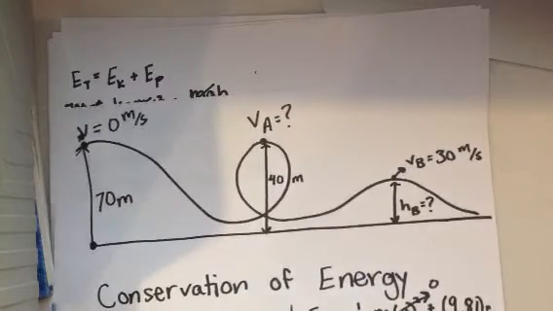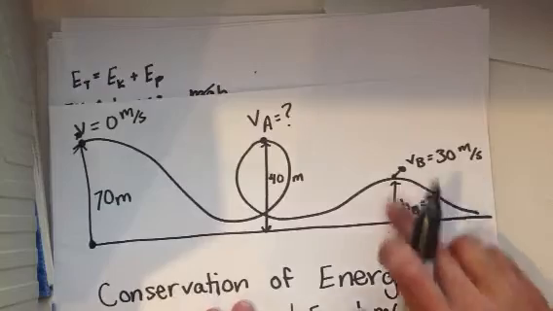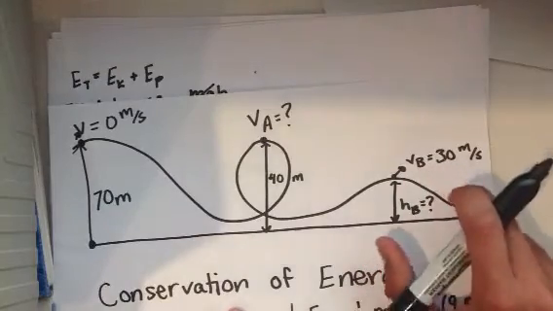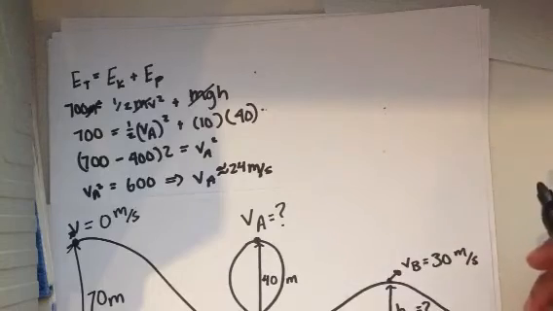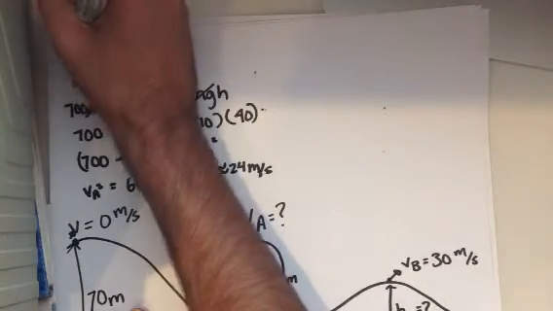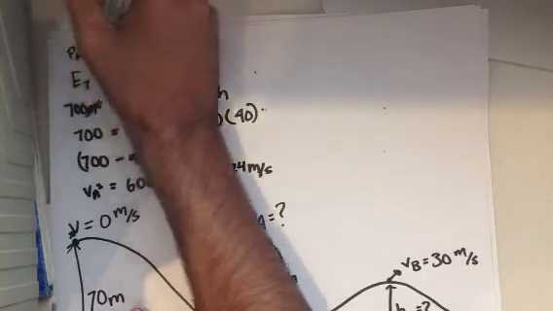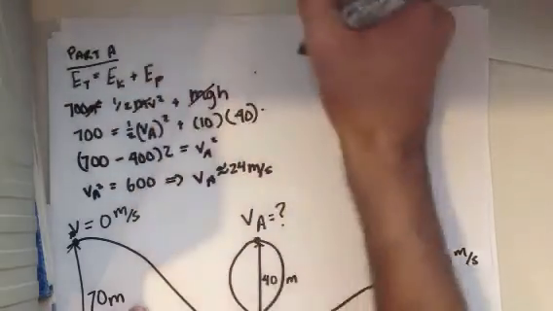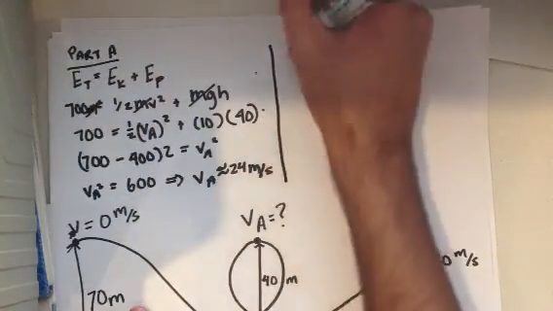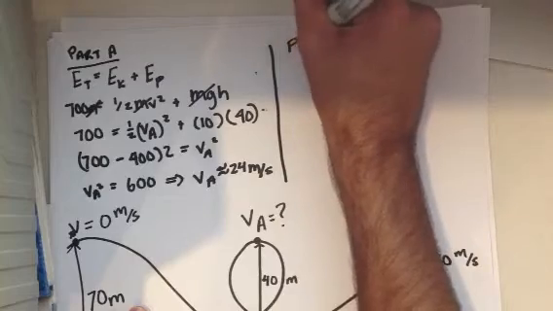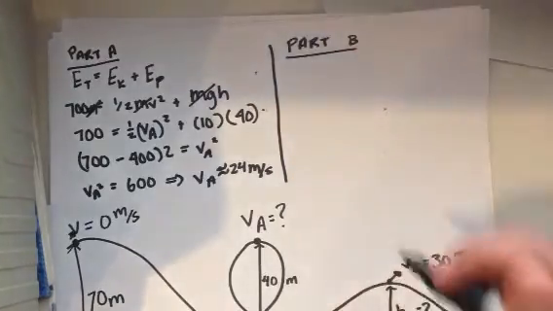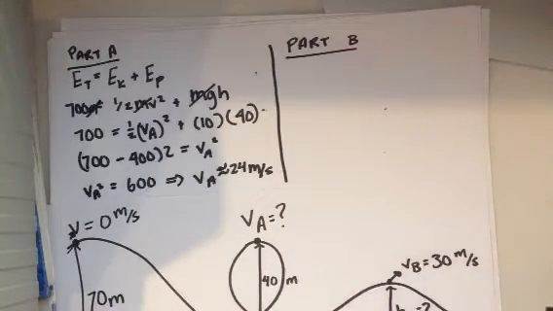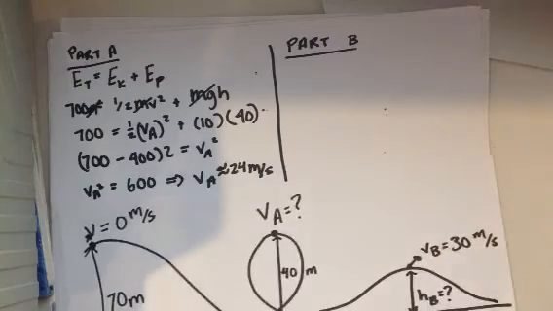Now for part B, we're asked to find the height, and we're given the velocity. For this, we're going to do the exact same thing as for part A, so we'll write here part B. Like I said earlier, the total energy of a system is the same at every point in that system.